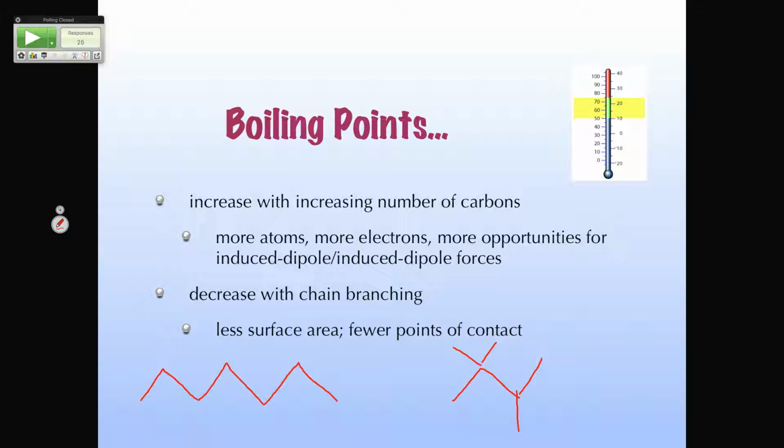If you stack swimming noodles up, what happens? The sides go right together, right? And so they have a lot of contact. This one is more round because of the branching. It's more like a beach ball. What happens when you stack beach balls?